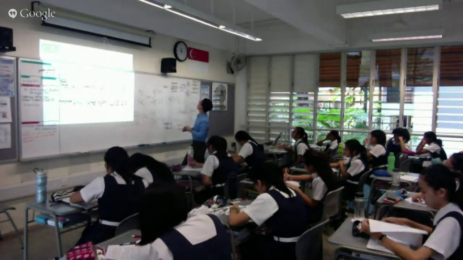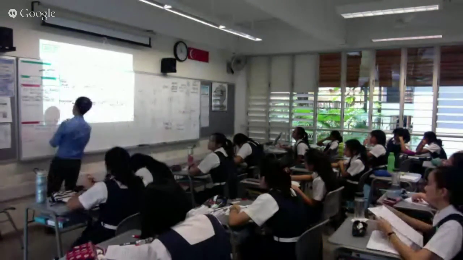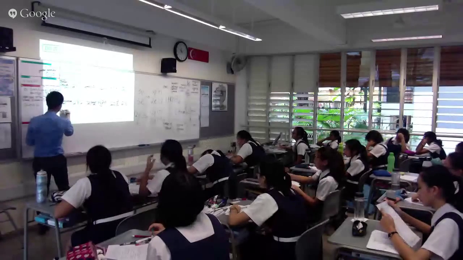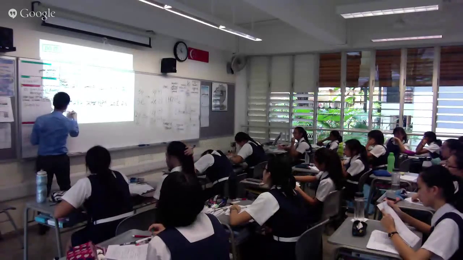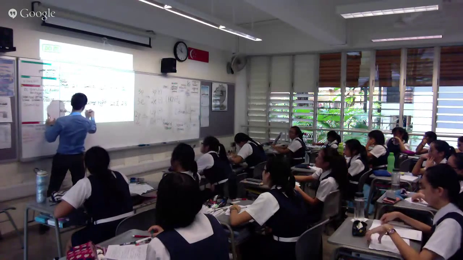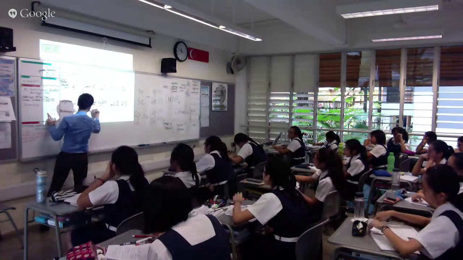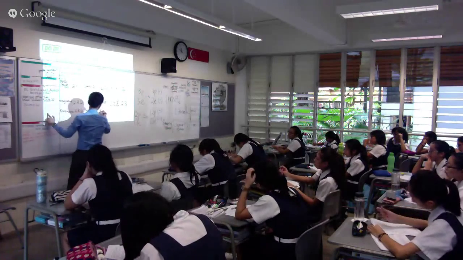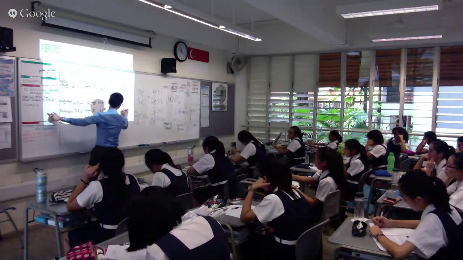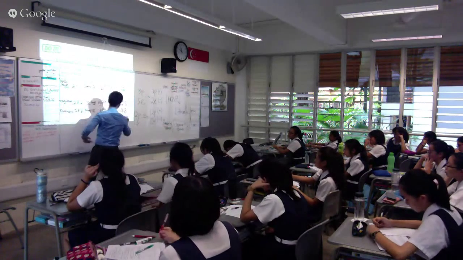I'll go through one last one. Is this aluminium? Aluminium is 2.8.3. So it's group 3. Al3 plus, 3 plus, 2.8.